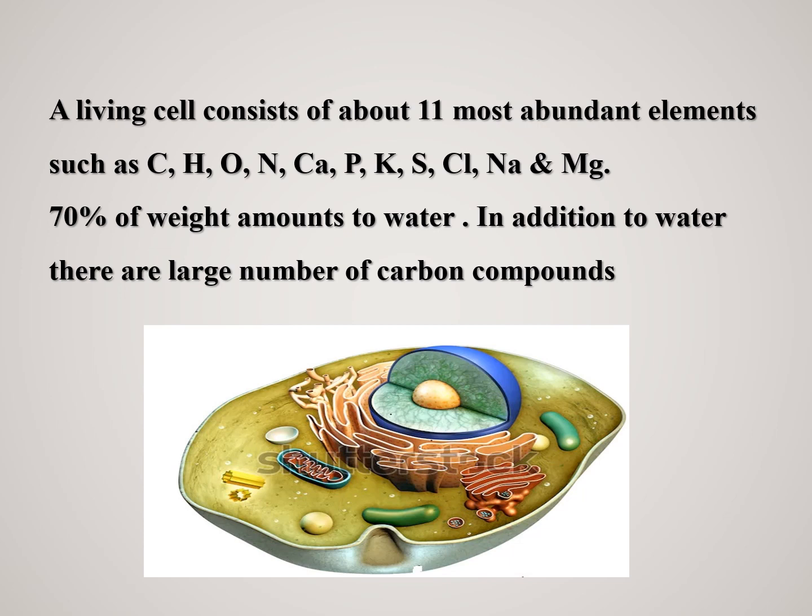Out of all these 11 most abundant elements, carbon, hydrogen, oxygen, and nitrogen account for about 98% of the total mass present in man. 70% of the weight amounts to water.